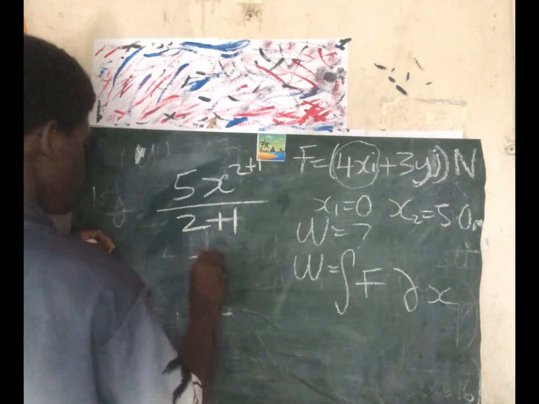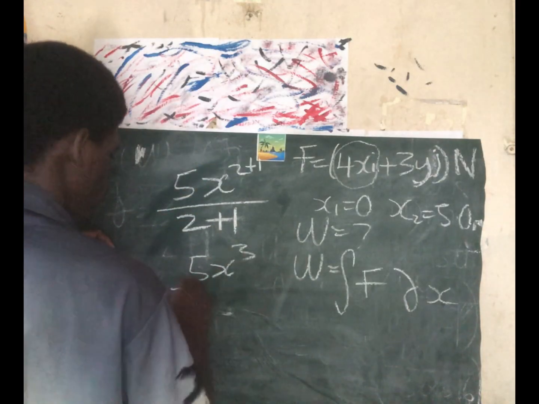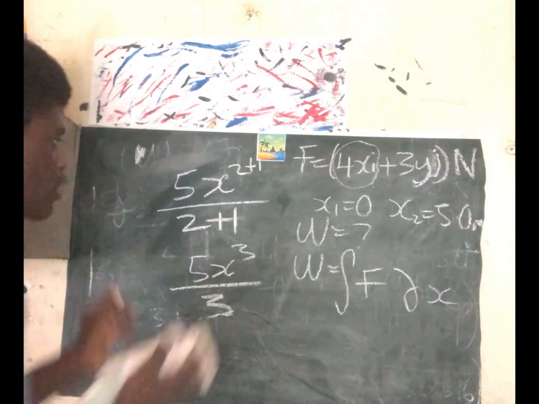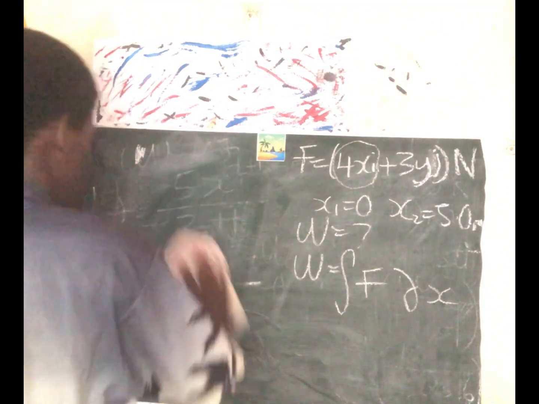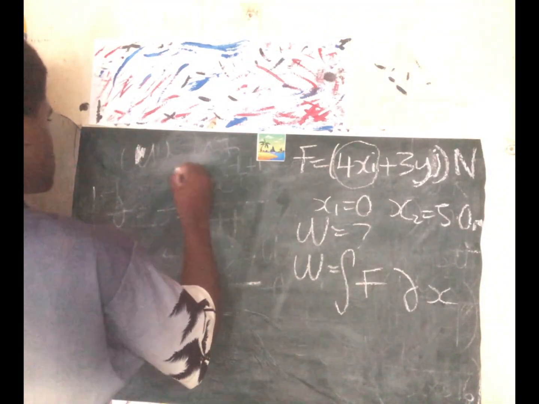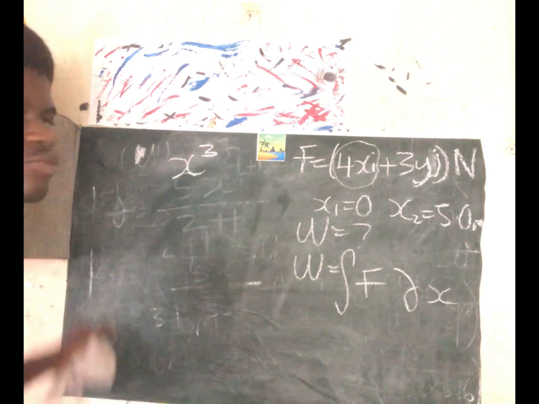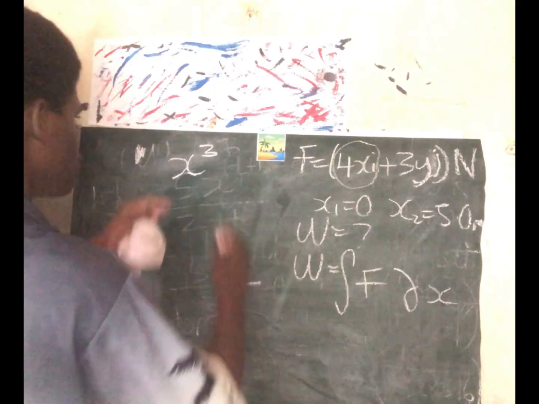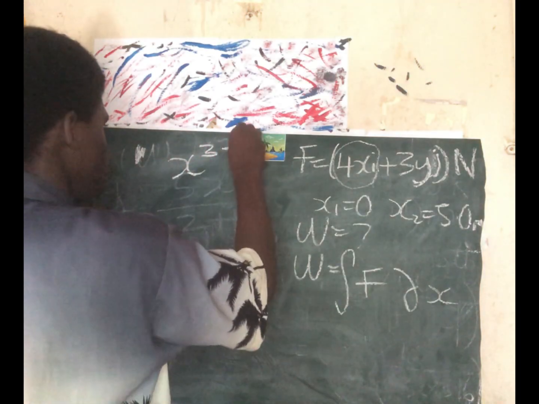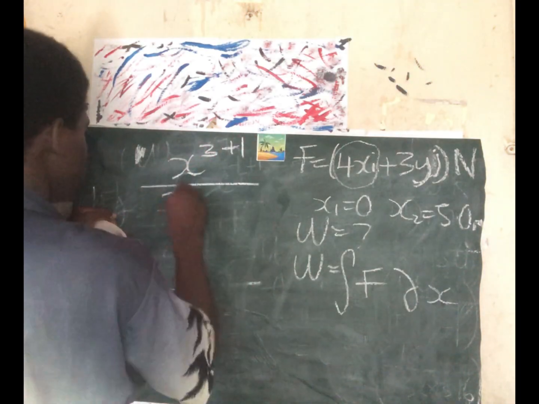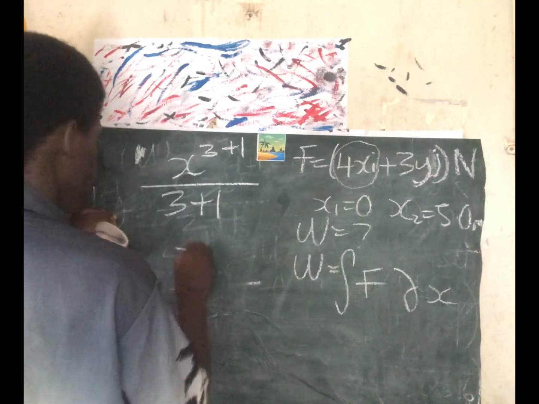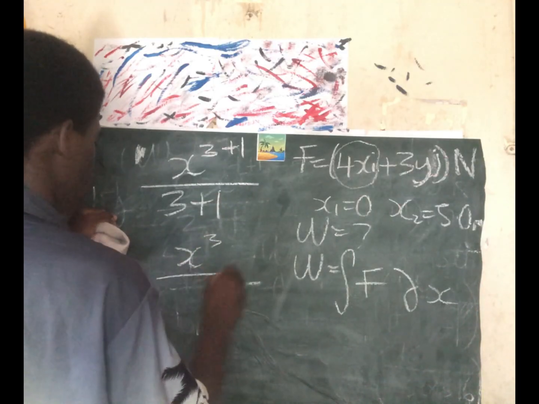So that will be 5x cubed over 3. Let's say they ask us to integrate x cubed. We just add 1 to the exponent, then divide by 3 plus 1.